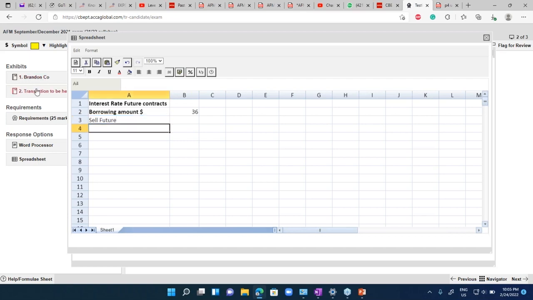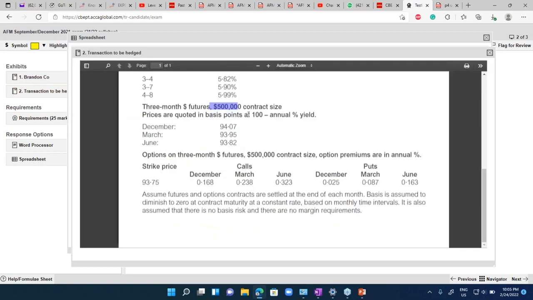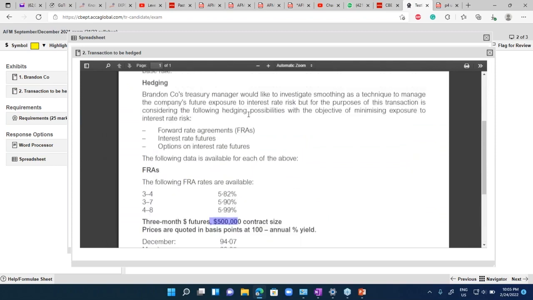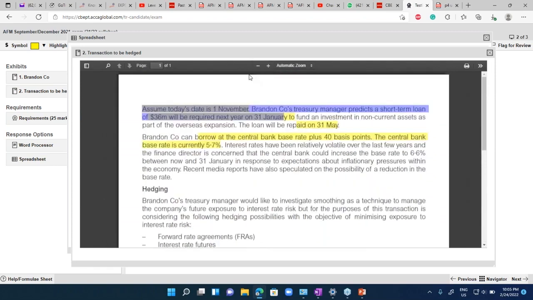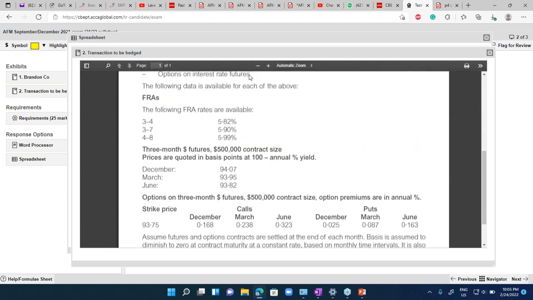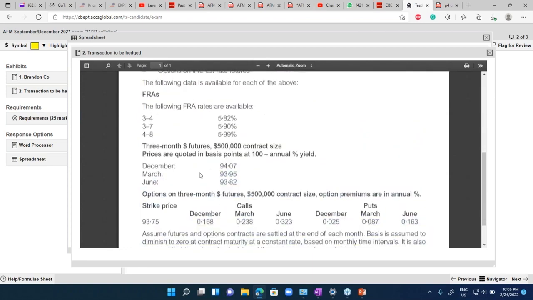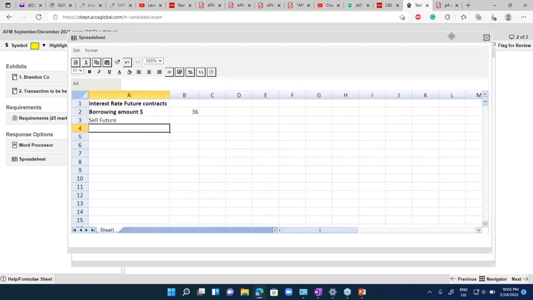Which contract? We are borrowing on 31st January, right? So we will choose which contract? March contract. 93.95.